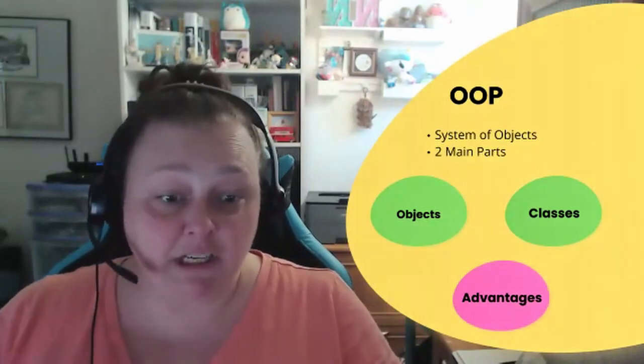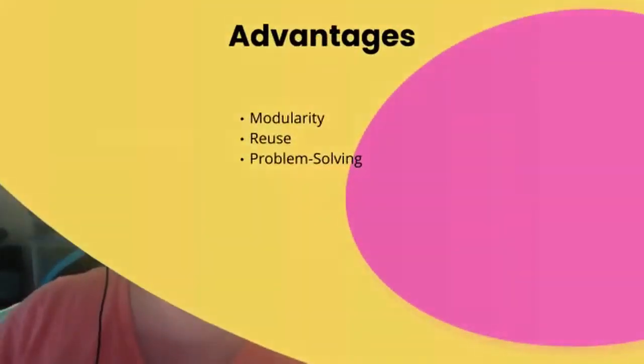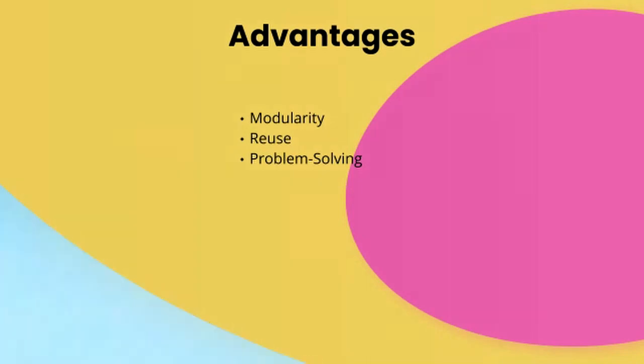Some advantages of object-oriented programming. The biggest one is modularity and reusability. It is written for a specific purpose and it is self-contained. Objects are easier to write, modify, and troubleshoot versus traditional code because they are self-contained.